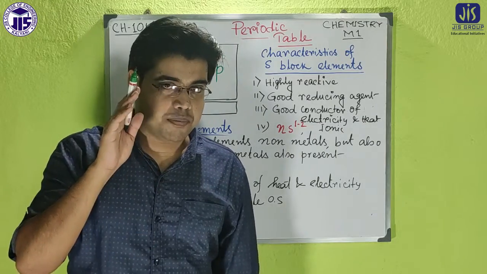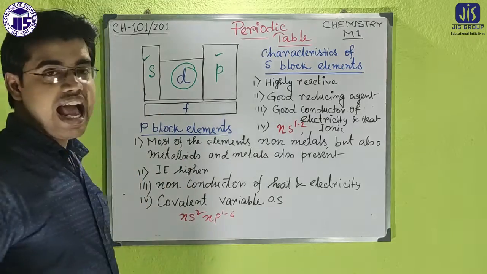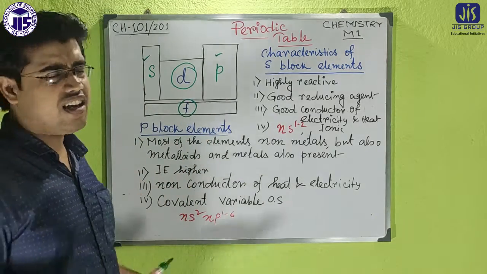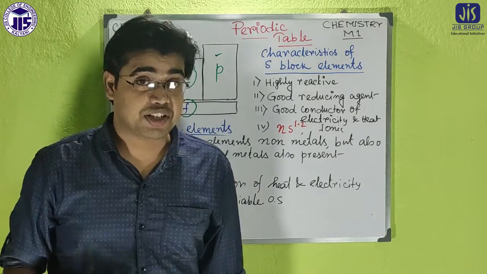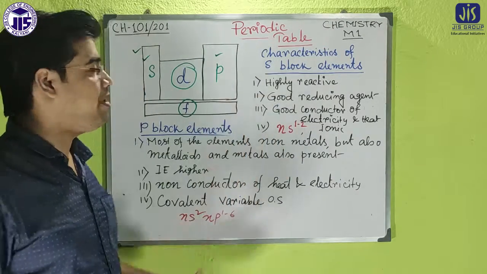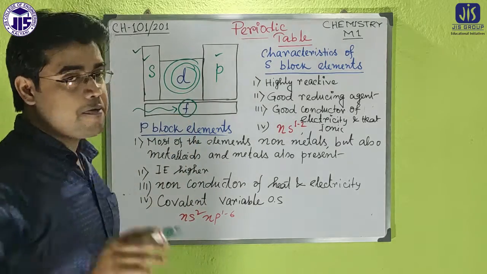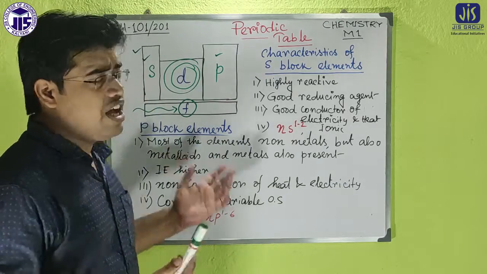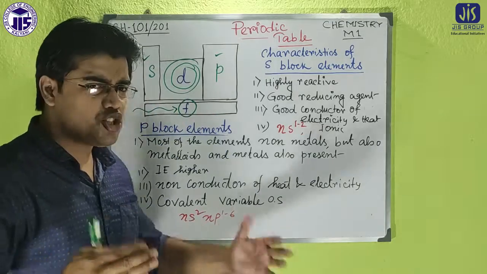In the middle position there is the D block, and in the bottom position there is the F block. Generally, the S block elements are all metals. The P block is a mixture of mainly non-metals, but some metals and some metalloids are also available. The D block has the transition elements, and the F block has the inner transition elements.